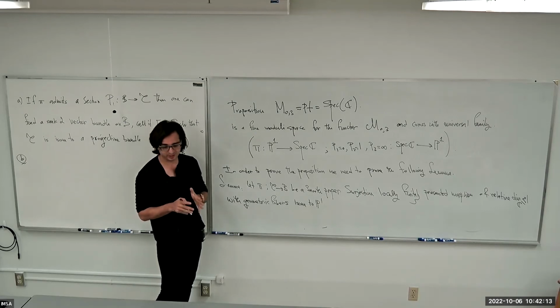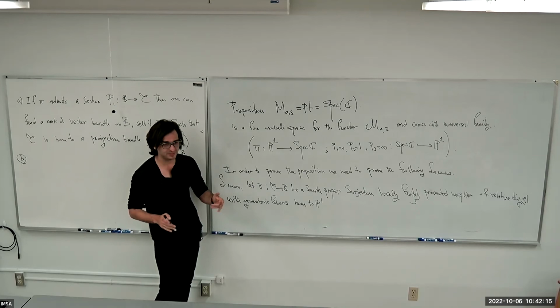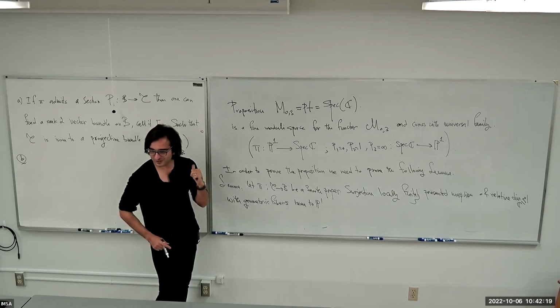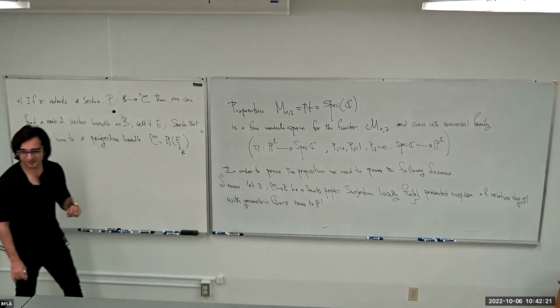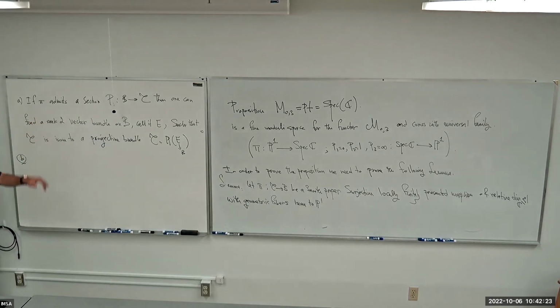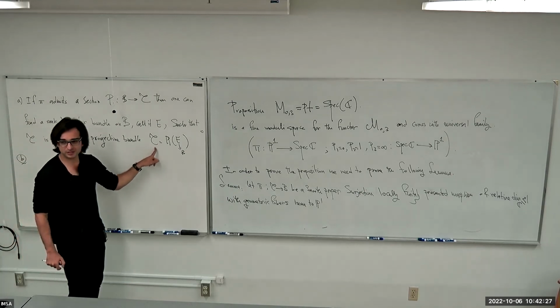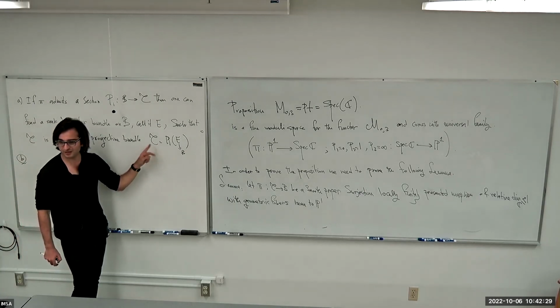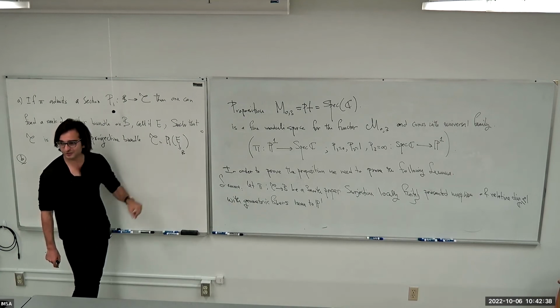But remember that when I said we are looking at a family with markings or sections, now I'm proving some statements about sections. Let's say I have a family of P1s over some base. If I have one section, there's something you can say about the family. If I have 2 sections, there's something further you can say about it. And if I have 3 sections, I can also say something about it. And the third one is the one we're going to use.